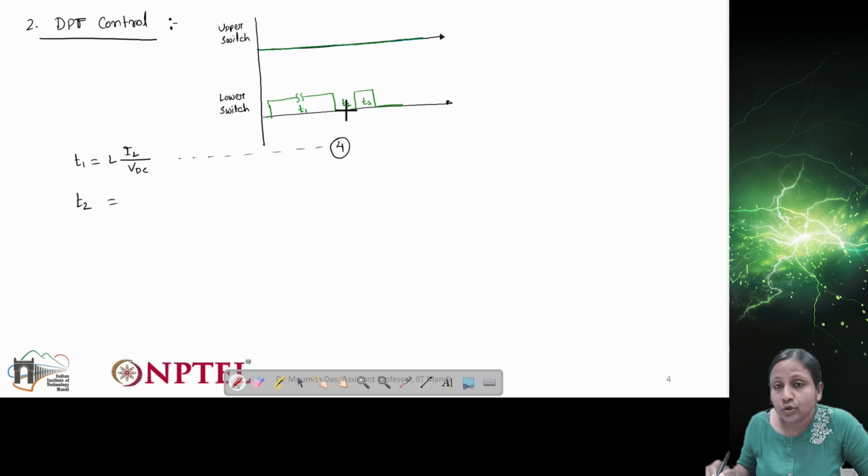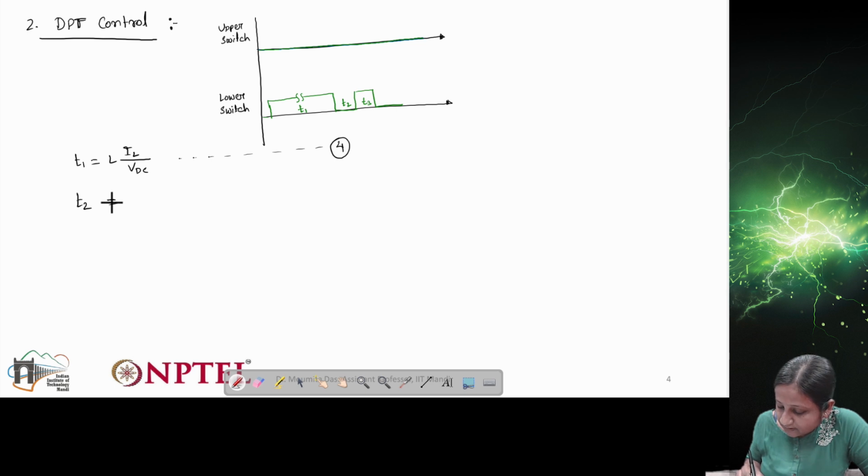Let's say for a device the fall time is 10 nanoseconds. Then we have to provide a T2 which should be more than 10 nanoseconds. If we provide less than 10 nanoseconds, then the test performance will not be acceptable.